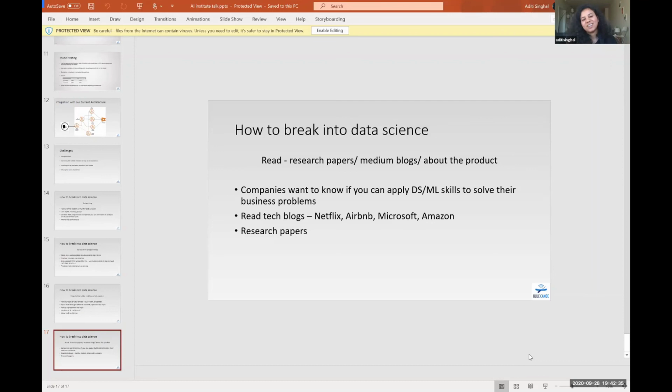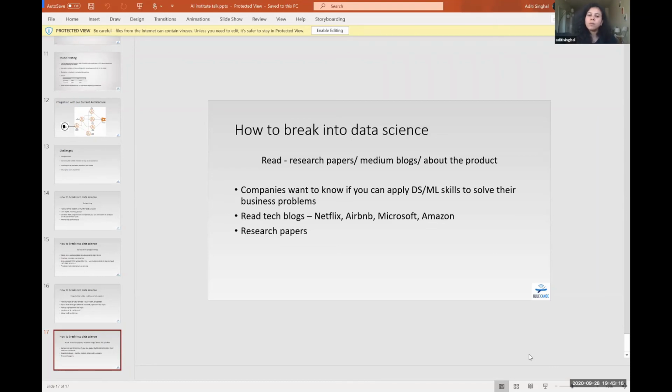I wouldn't completely disagree with your point, but the thing is, there is no set definition for DS and ML roles right now in the market. For example, some DS roles just make you do dashboarding and reporting. So there is no set definition for any of these, business analyst, data science or ML roles. You have to look at the job description of the role that you're applying for, because not all roles require you to have productionizing skills.